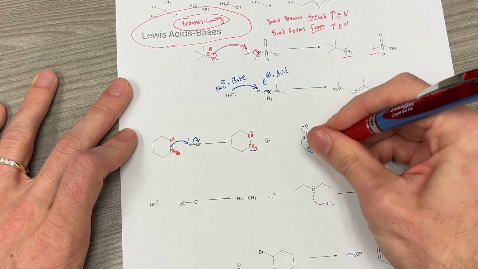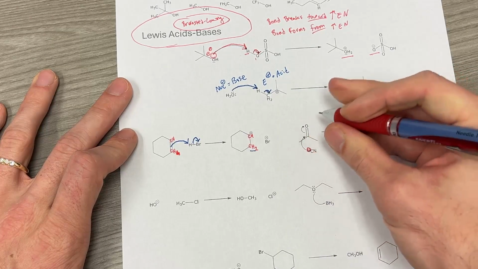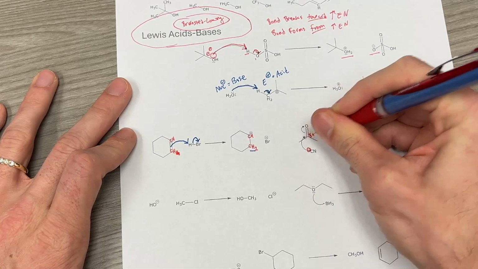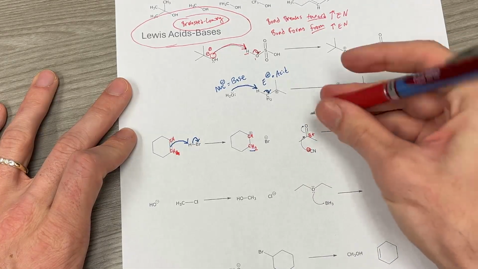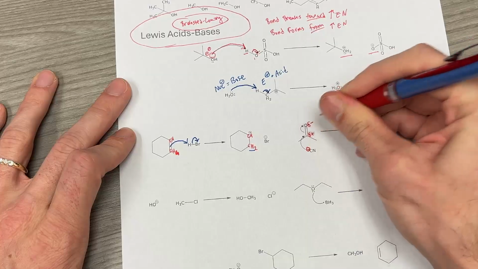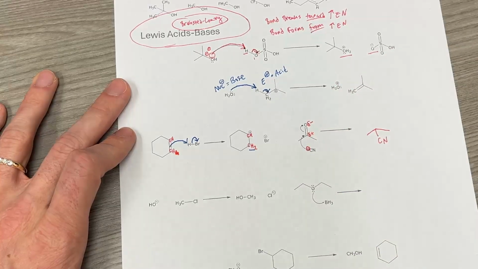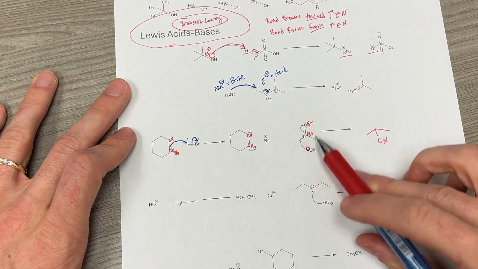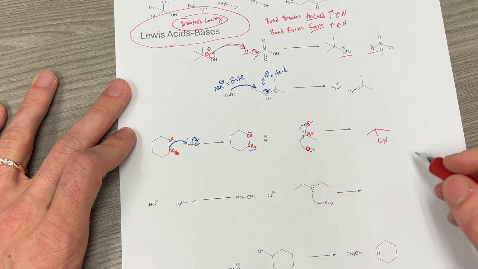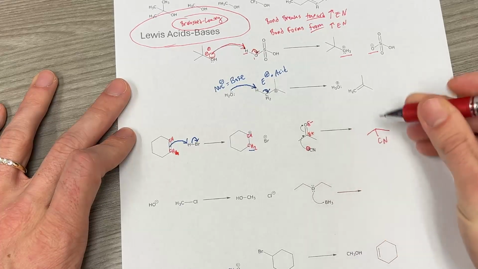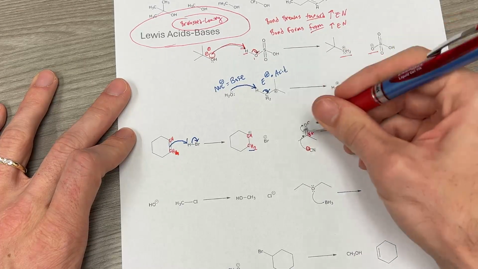But this carbon here, with a true negative charge, is attacking a carbon here with a partial positive charge. And that's a partial positive carbon because of its bond to oxygen taking electron density towards itself. So a new bond forms, carbon to carbon, and we see that. A bond also breaks.